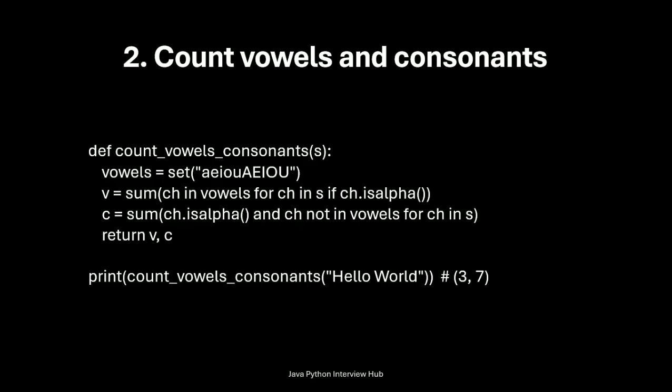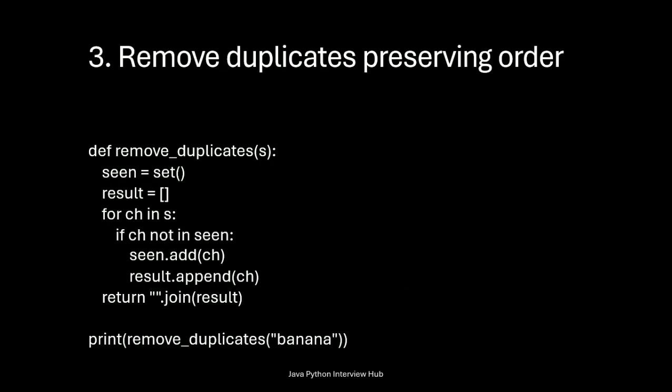Also c is equal to sum of ch.isalpha and ch not in vowels for ch in s. So here v will give you the vowels and c will give you the consonants. Please make all these examples in your computer and editor, so we'll get a better idea.